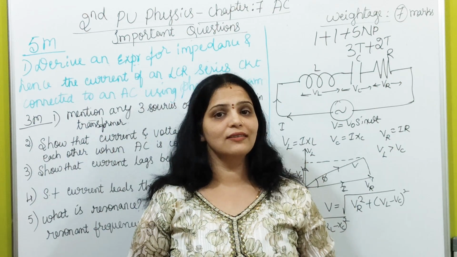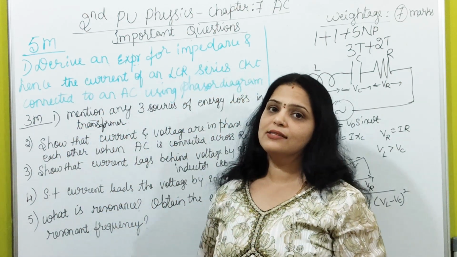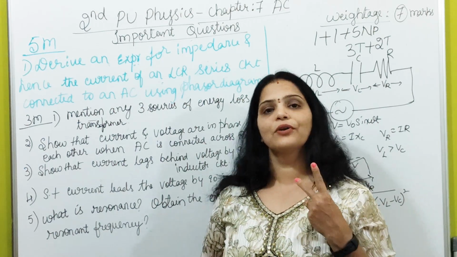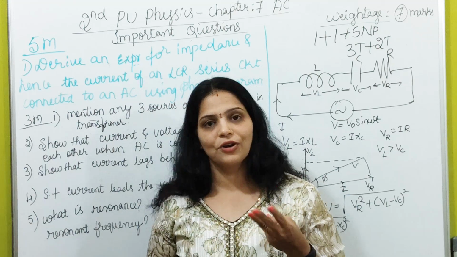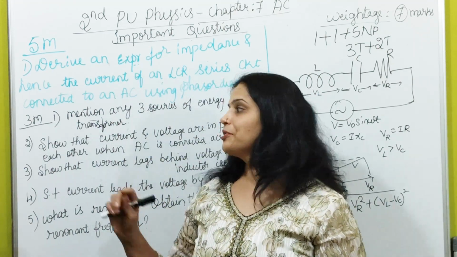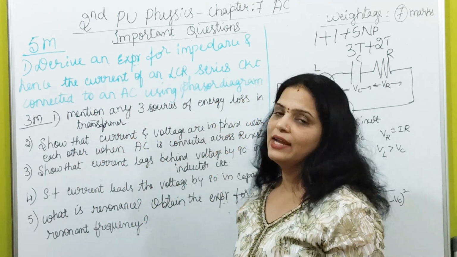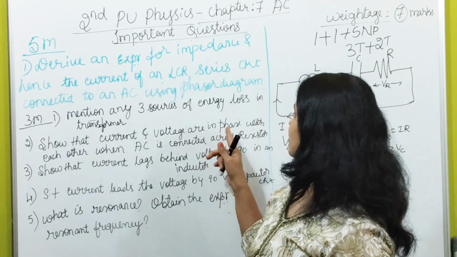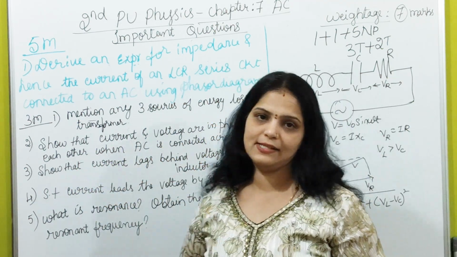Now, what are the important 3 marks questions? There are 3 circuits: pure resistor circuit, pure inductor circuit, and pure capacitor circuit. When AC is connected across these 3 separately, then using a phasor diagram, you have to show that current and voltage are in phase with each other when AC is connected across a resistor.